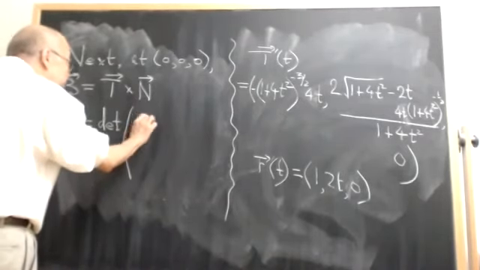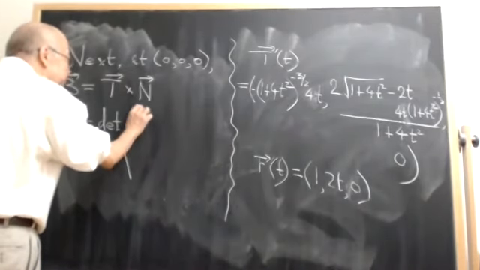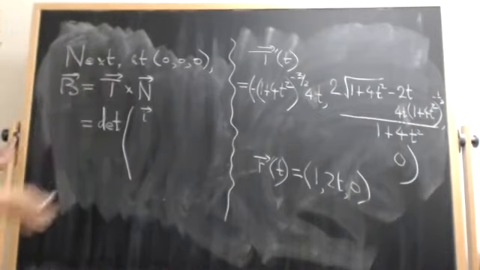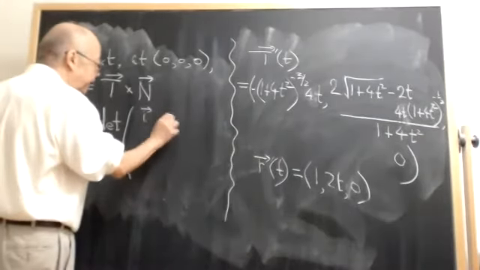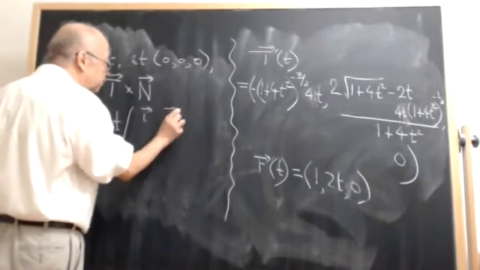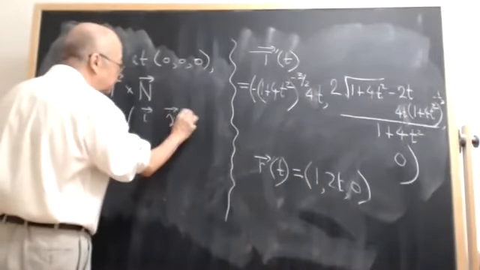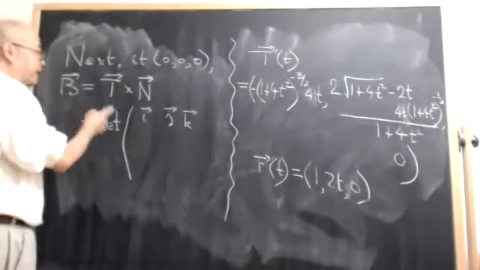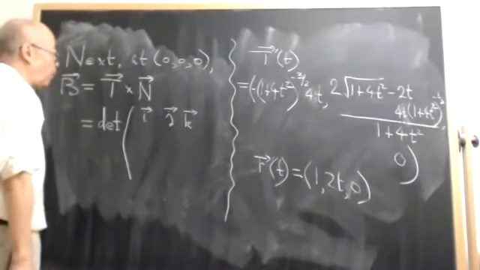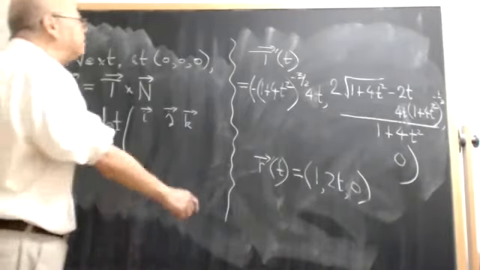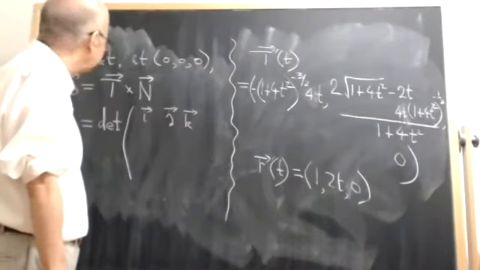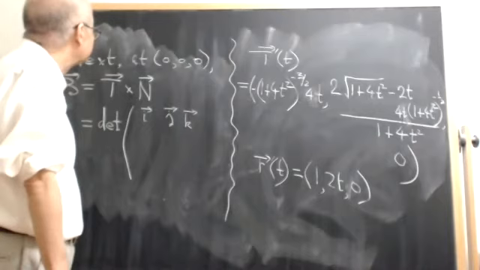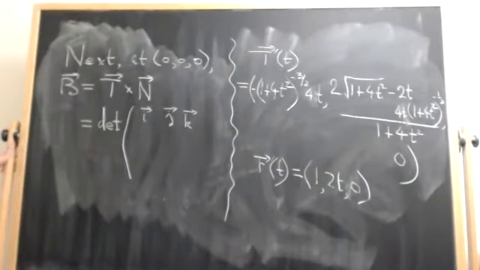It is the determinant of the following matrix. It's always like this for vectors in R3. So you put i, j, k, and then you put T in the second row. What is T? Unfortunately, I have erased it. What is T?